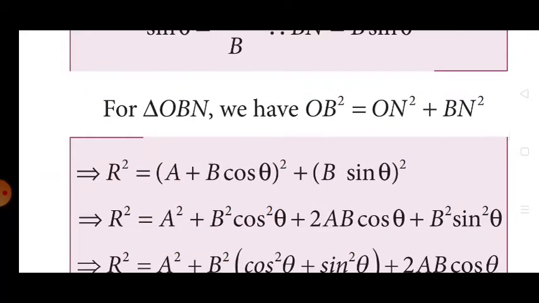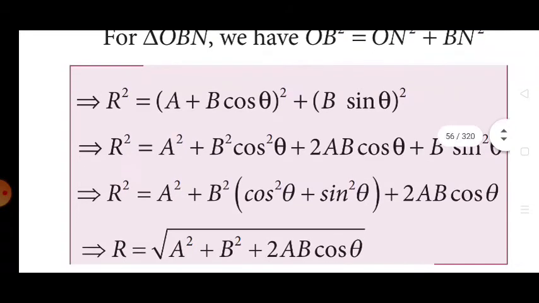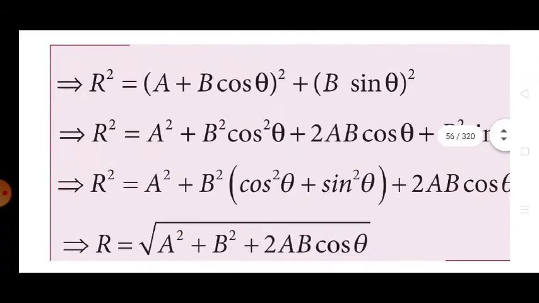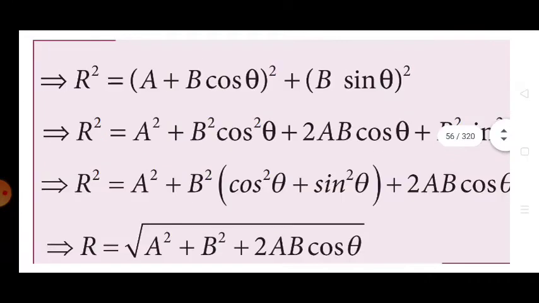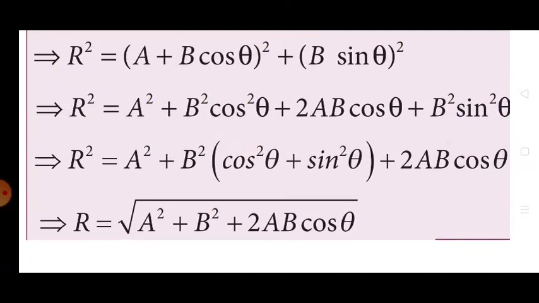So therefore the resultant R square is equal to (A plus B cos theta) whole square plus (B sin theta) whole square. We follow the (A plus B) whole square method: R square is equal to A square plus B square cos square theta plus 2AB cos theta plus B square sin square theta. Take out the common value: R square is equal to A square plus B square into (cos square theta plus sin square theta) plus 2AB cos theta. We know very well cos square theta plus sin square theta is 1.